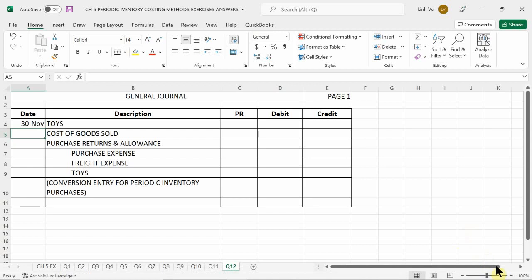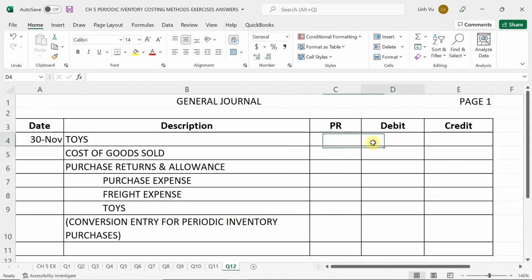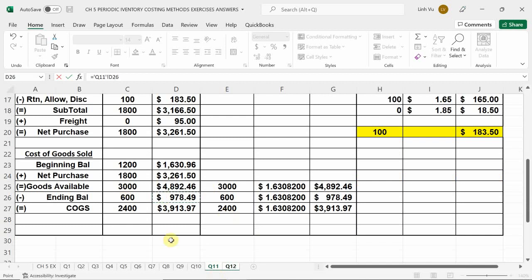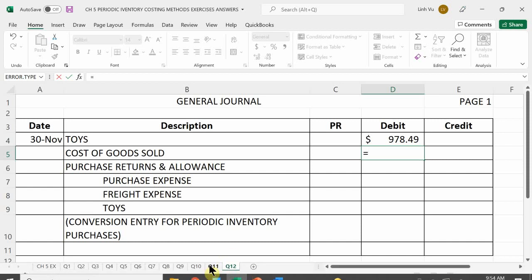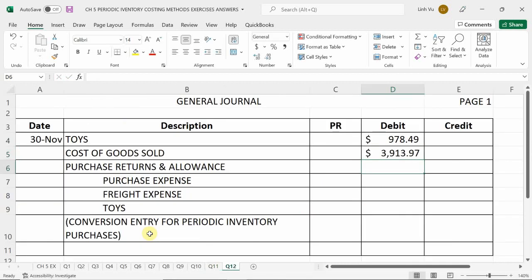So what is my ending balance in my inventory? 978. Mm-hmm. Cost of goods sold? 3,913.97. Okay.